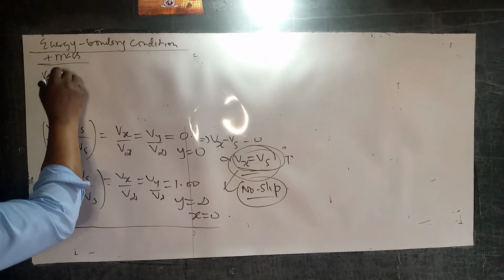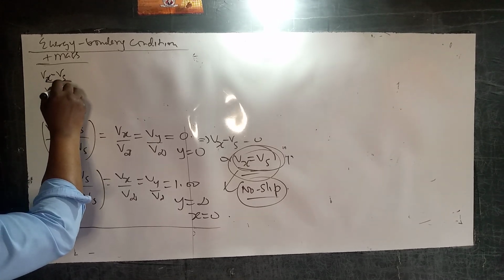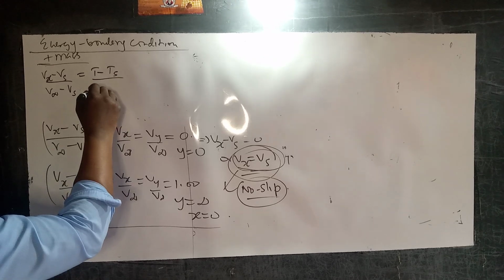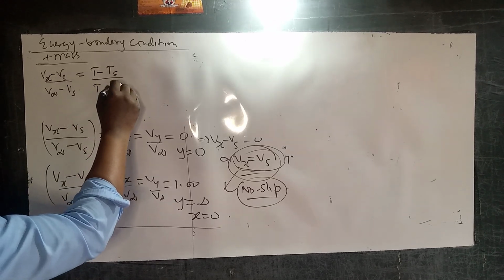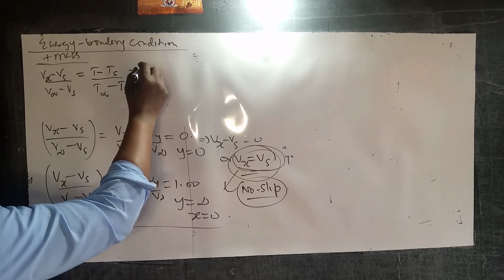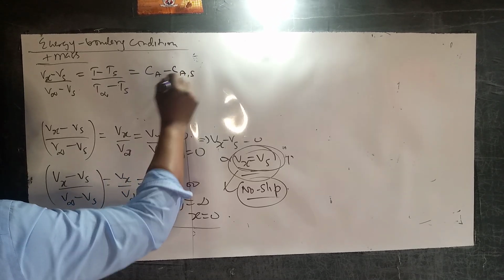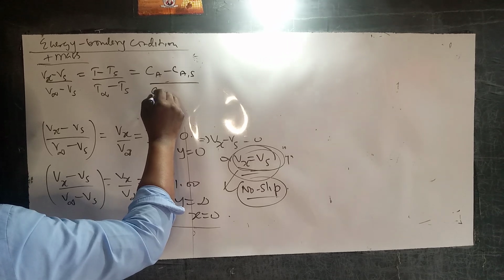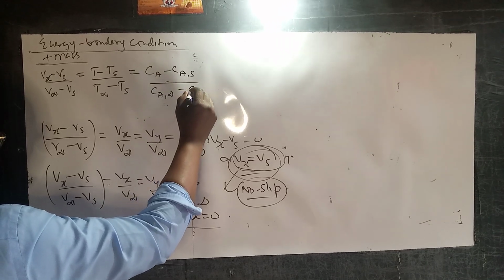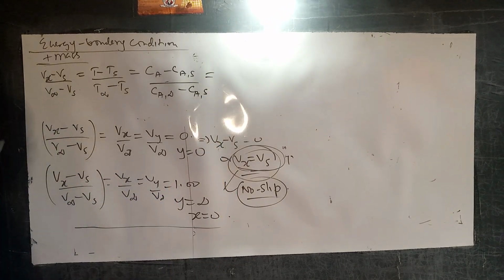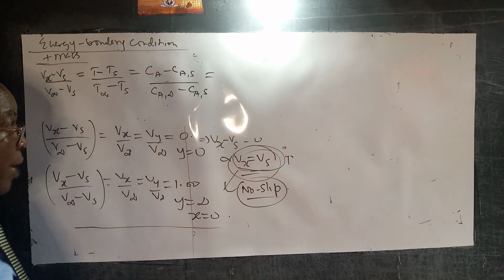We have Vx, T, and that is C. And once again, conditions are the same.